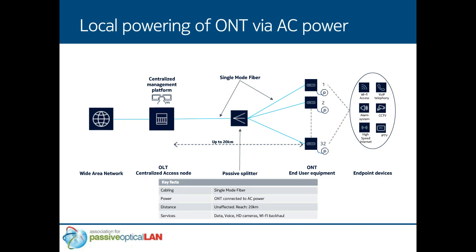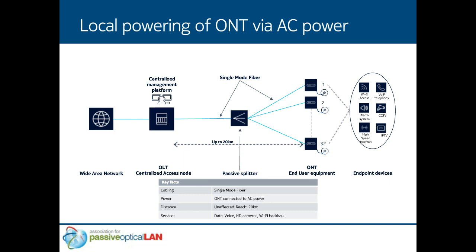In this case, the ONTs are powered with AC power from a local AC power, via a separate power supply unit. The physical dimensions of this power supply unit are comparable to that of a laptop, for example.